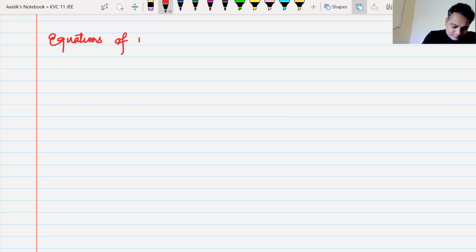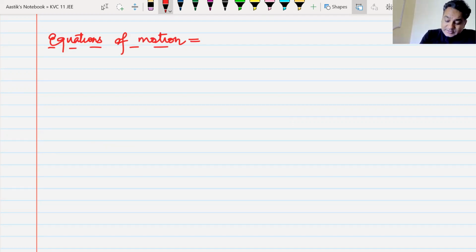We start with the equations of motion. Now, in these equations of motion, we would be using certain terms. I am sure you know about those terms.